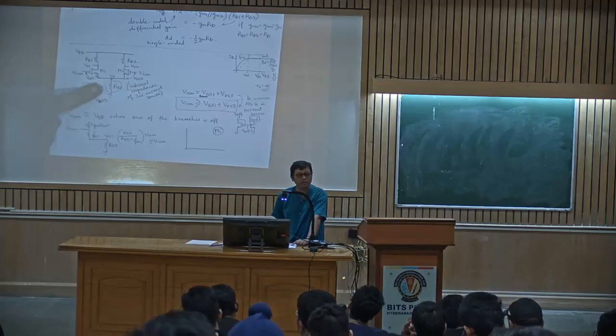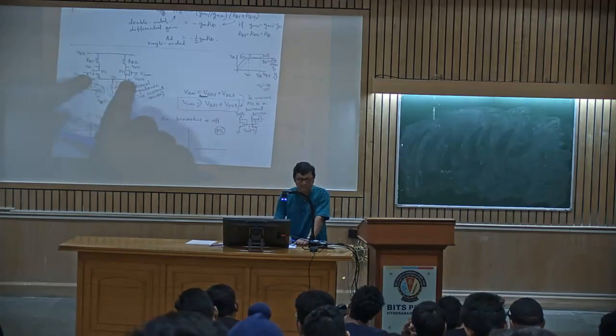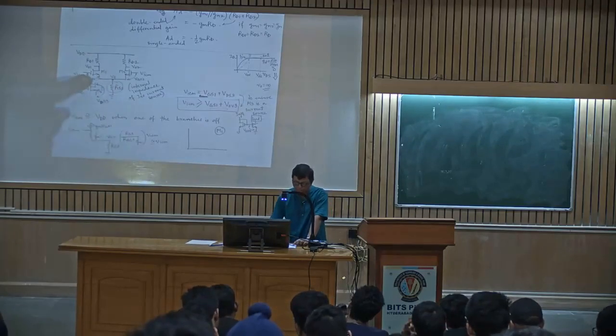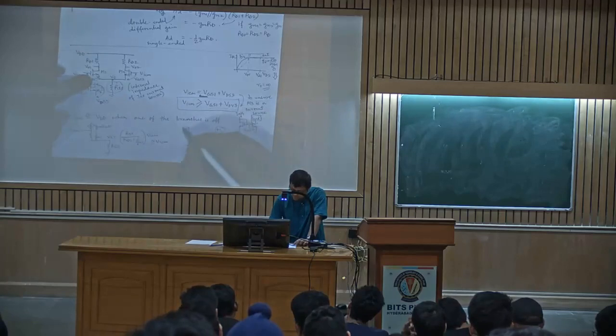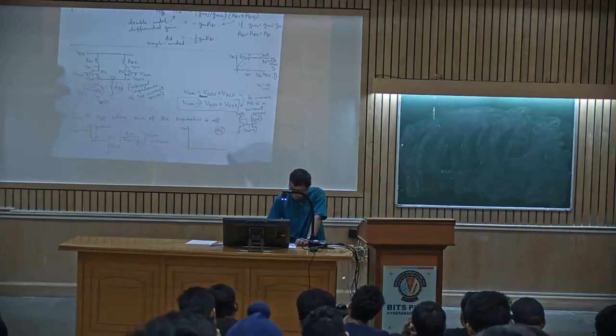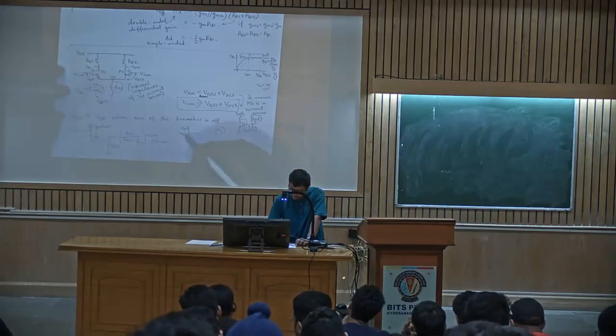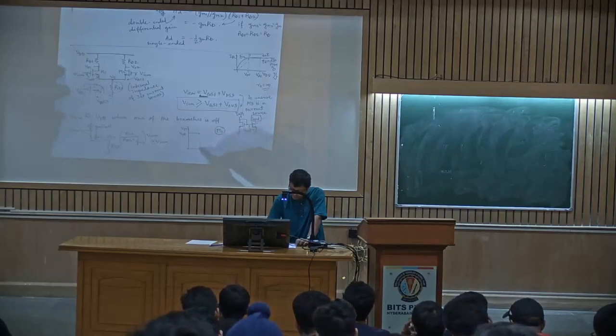Clear? So when we are looking inside the diff amp, into these transistors of the diff amp, what is the Vout by Vin characteristic? This will be VDD, this is VT.